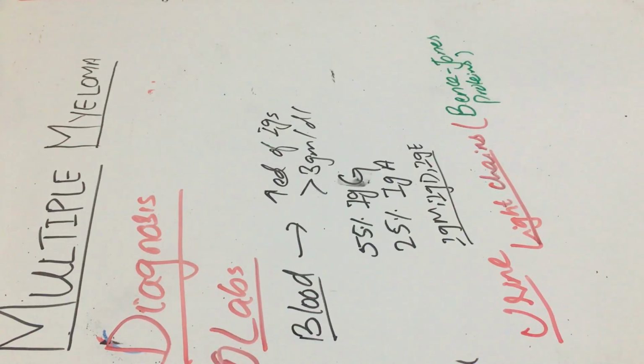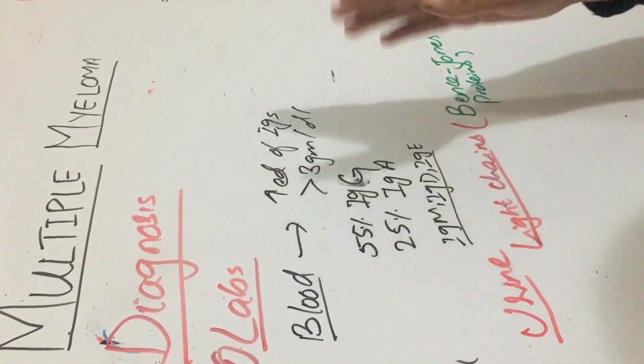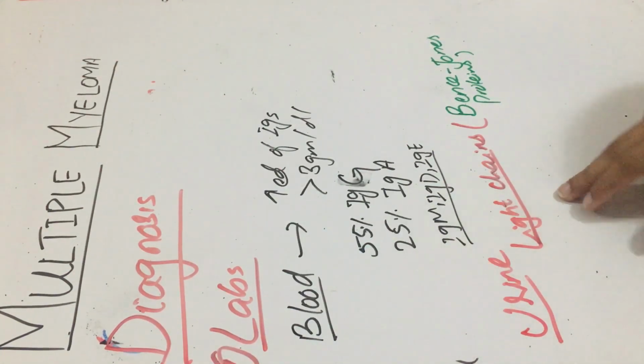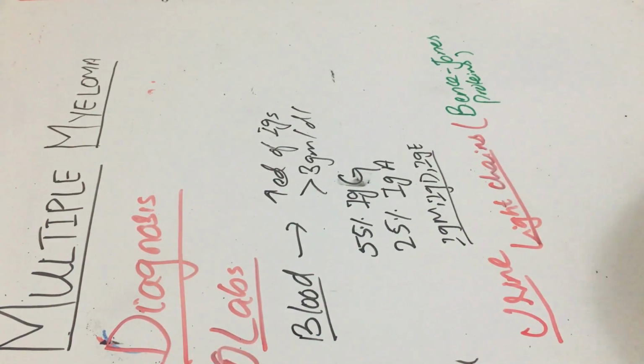These are the fragments of the immunoglobulins. That's why they are filtered out of the glomerulus, because the heavy immunoglobulins cannot be filtered out, while light chains can be filtered out because they are fragments of immunoglobulins.